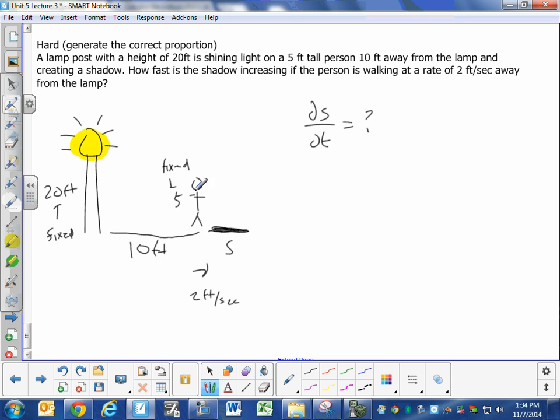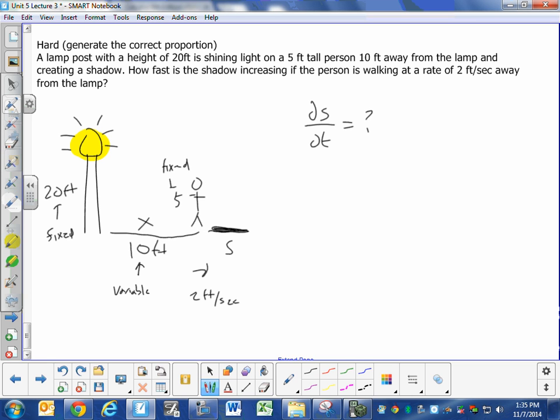That makes sense. As we get further along, we have a longer and longer shadow. But this 10-foot mark, this is a variable. So I can't use this 10. I'm going to have to say, okay, we have an X distance, and we're going to try to figure out what this dS dt is when this X distance is exactly 10 feet.